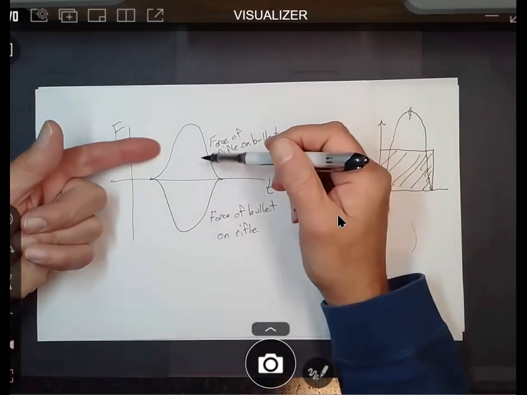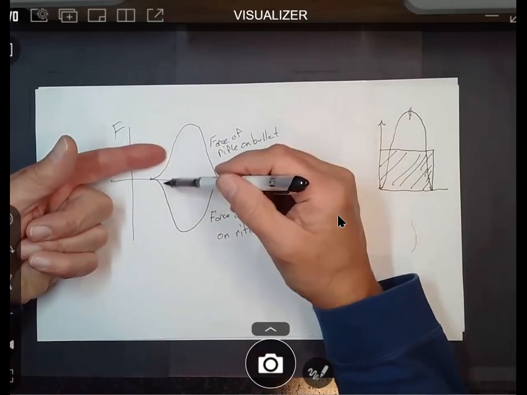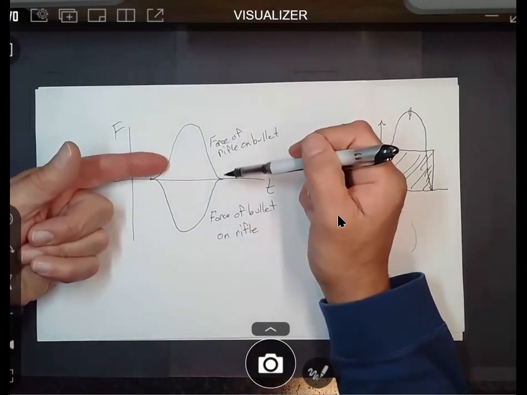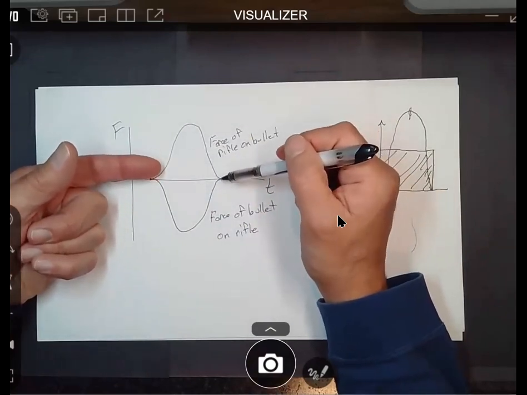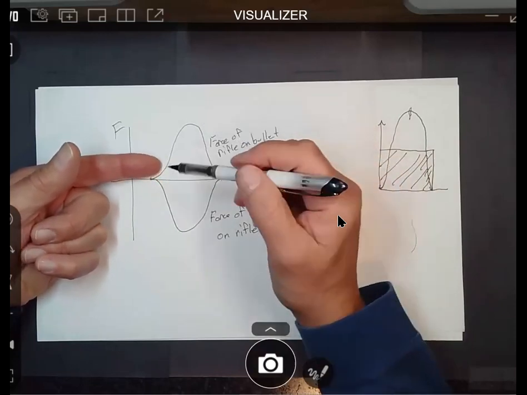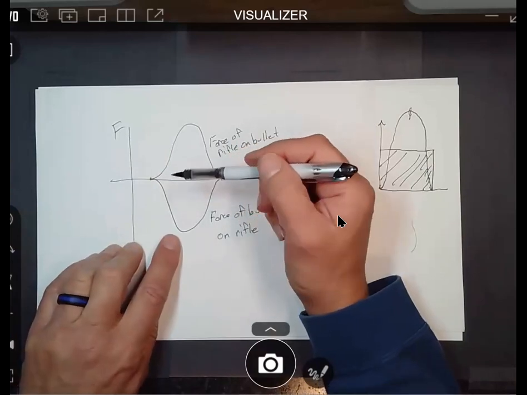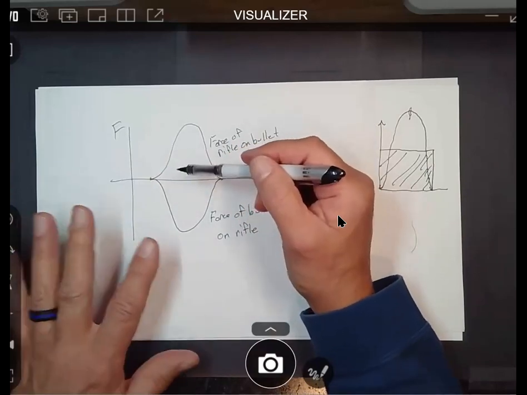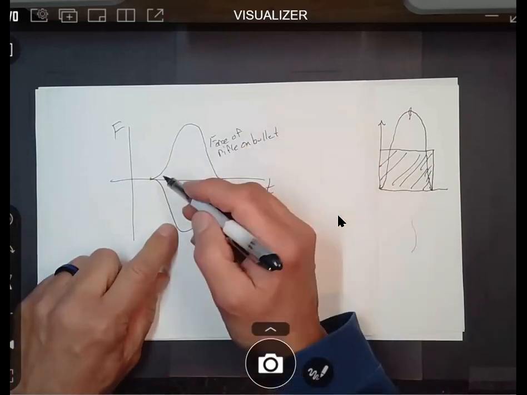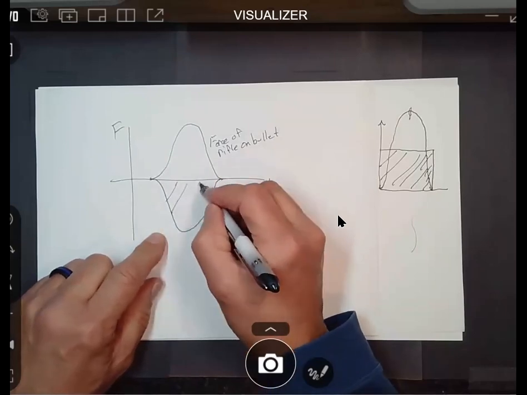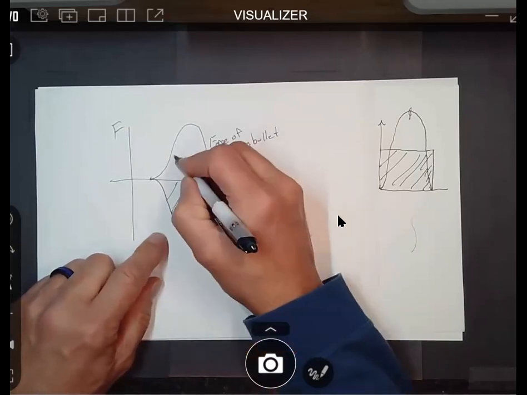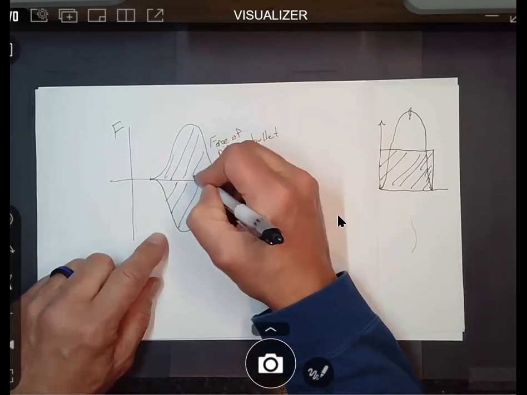The force of the rifle on the bullet happens for a very short time, some tiny fraction of a second actually, but at every instant, there's a third law partner of that, the force of the bullet back on the rifle. And the two impulses end up being equal and opposite.